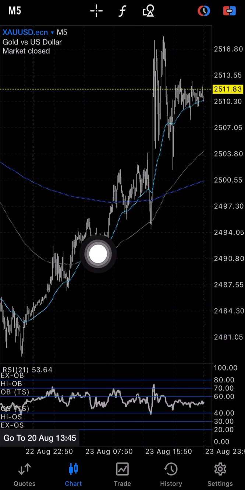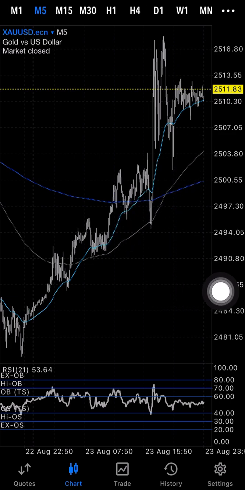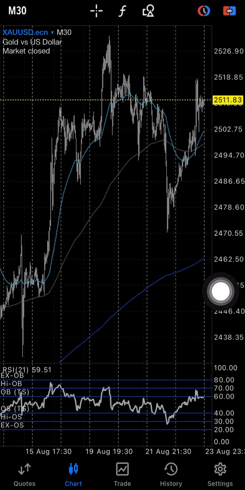Of course, I don't really go down to the 5, but the 5-minute, clearly that's bullish. They finally crossed over, so the momentum has completely shifted to the bullish side. And the 30-minute, you see, the exponential moving averages have different information on every time frame. But if you see one trend, like they are all bullish on the 30-minute, the 1 hour, the 4 hour, we now know that it's really bullish.